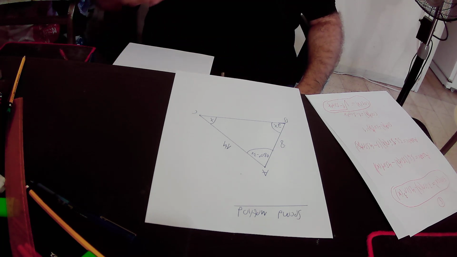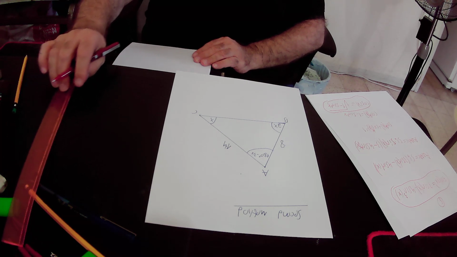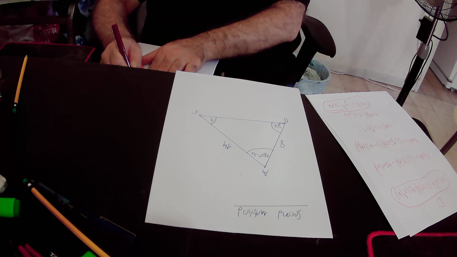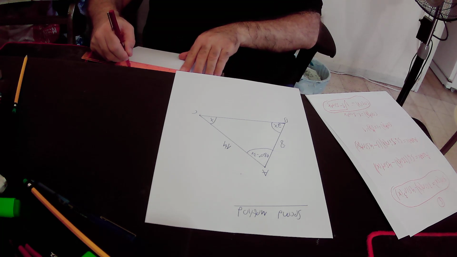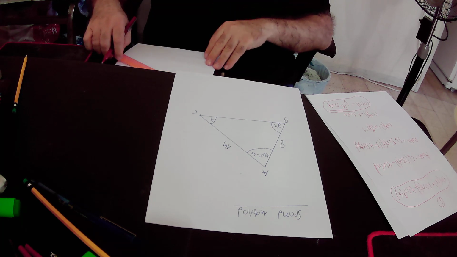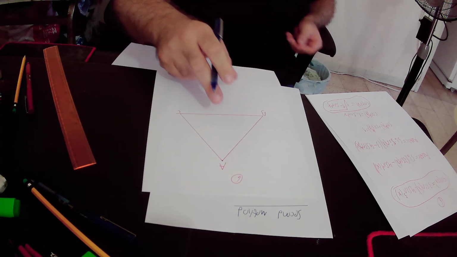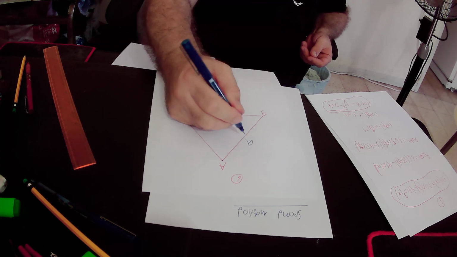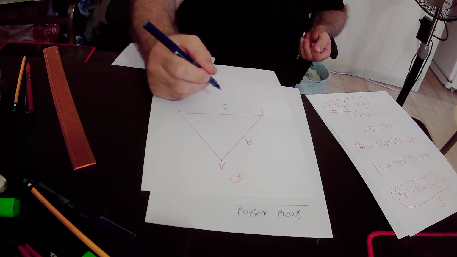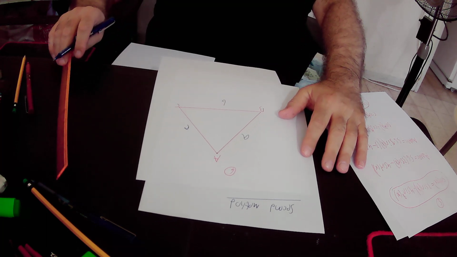According to the law of sines, in any triangle ABC, if we know that the size of side AB is A units and the size of side BC is B units and the size of side AC is C units, that is actually the law of sines.